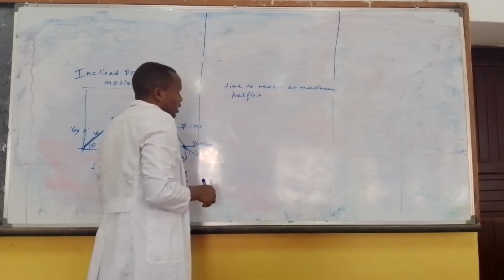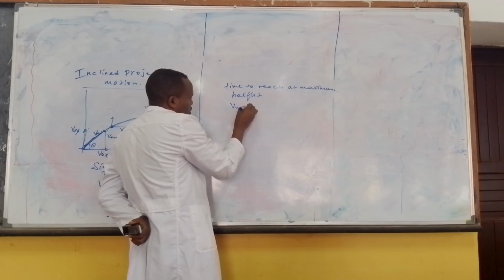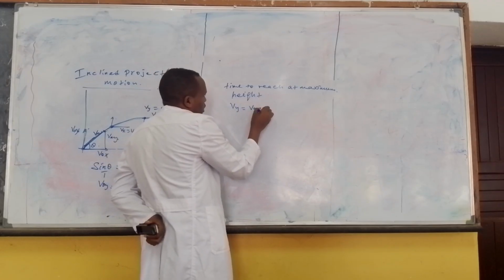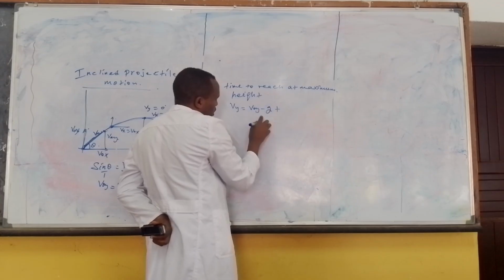The time to reach the maximum height is calculated by considering this formula, as we have discussed previously: vy is equal to v0y. For upward motion we use negative g times t.